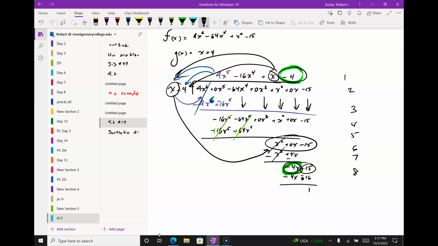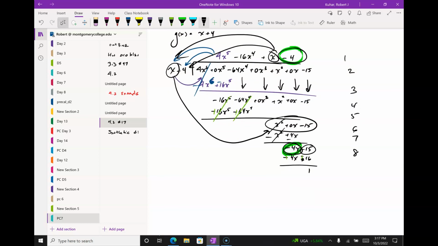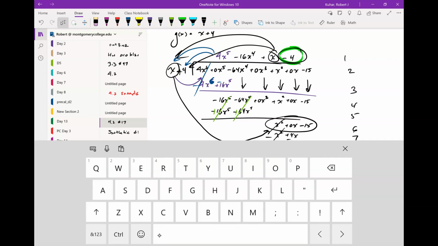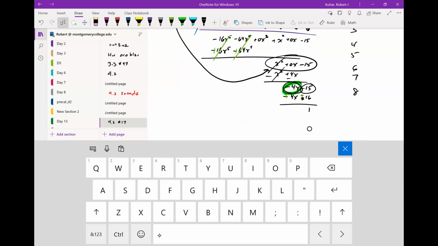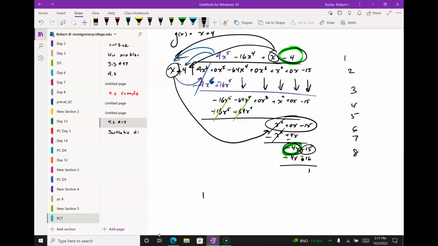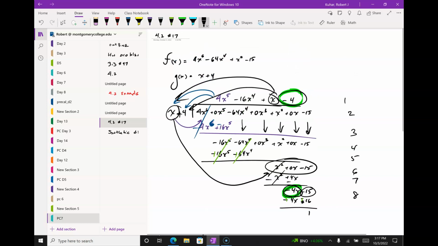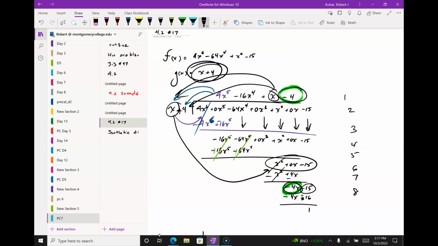Let's do it with synthetic. You'll see how much easier it is. Can we do it with synthetic? Let me do it with synthetic. CD, you're going to have to write it over. Don't look at it and do it. Write it. Okay. What do I put on the outside of my synthetic? What makes this 0? Negative 4.